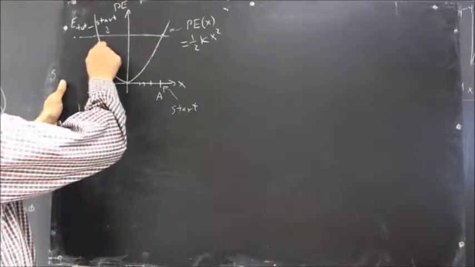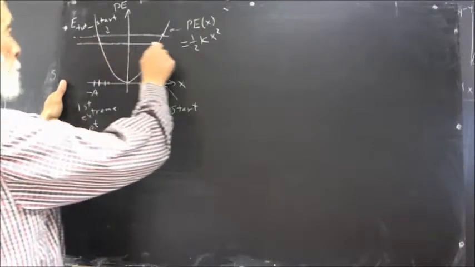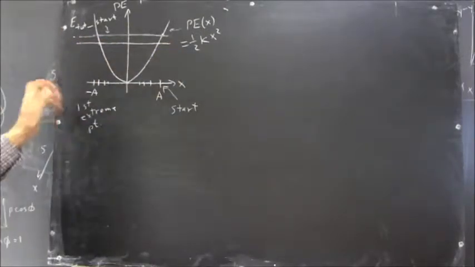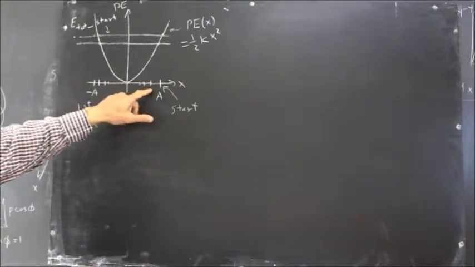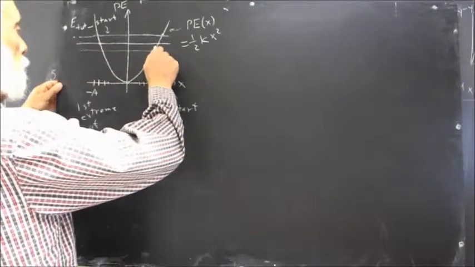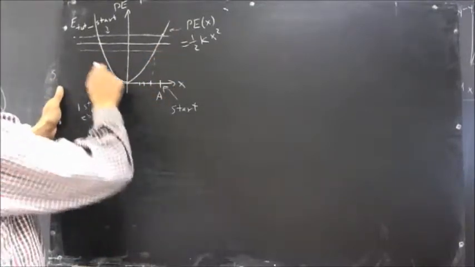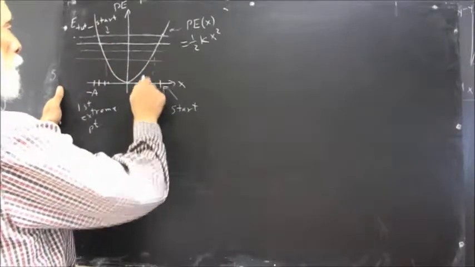And now its energy total is here. Then it swings back to this point, and we go up here, and its energy total is here. And then it's over here, and then it's over here.